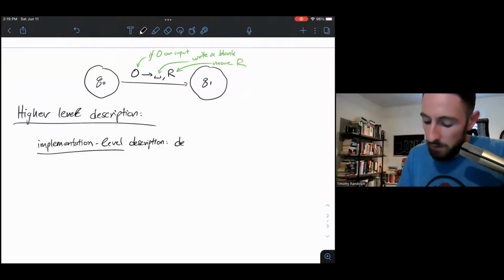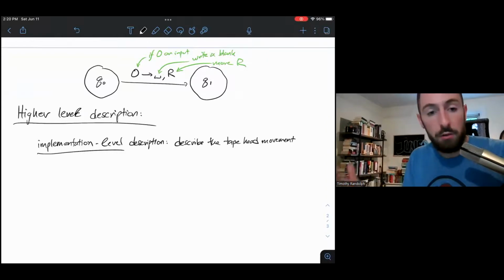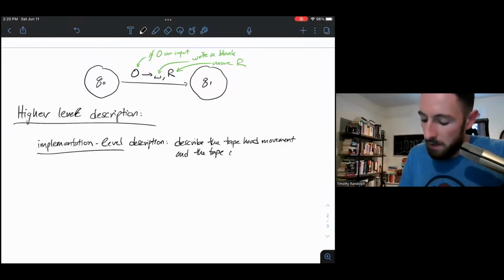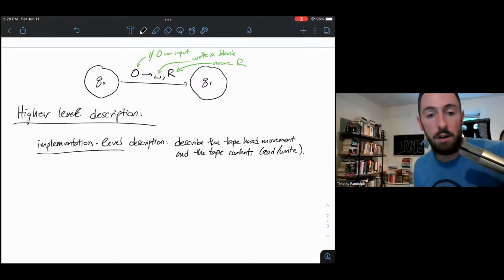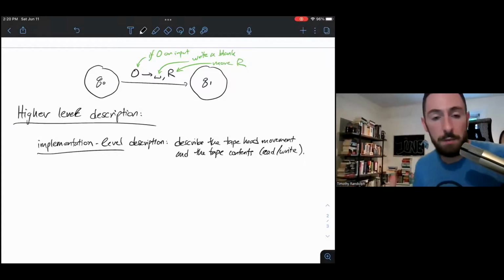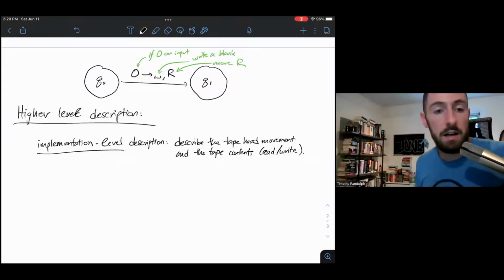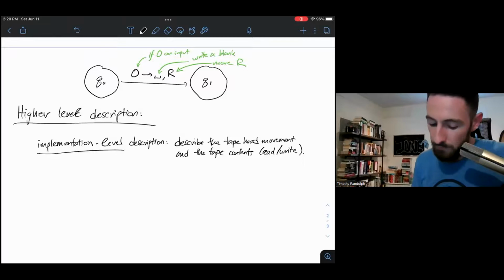What it means is I will describe the tape head movement, that is moving back and forth, reading and writing on the input tape, and the tape contents, so how I read and write. I could at a higher level just describe a generalized algorithm, but at the implementation level, I will still talk about the head movement back and forth and what happens on the tape. And it's probably best to just see an example of this.